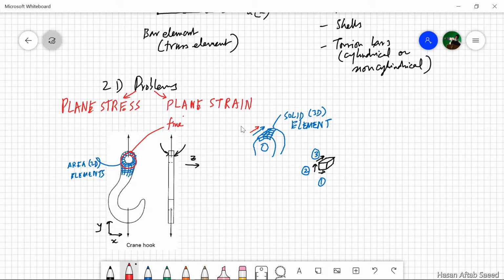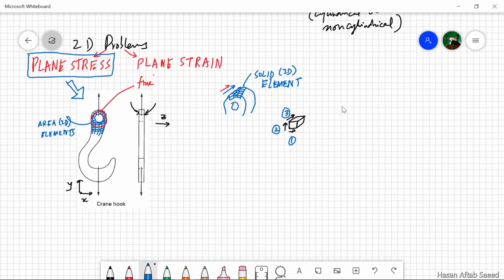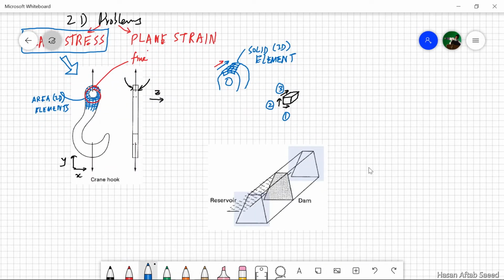Now, as compared to this plane stress problem, the other class is the plane strain problem. Let's look at that. This is a dam which is constrained on both sides, and the loading, that is the water, that is on one side, but it is constantly there.